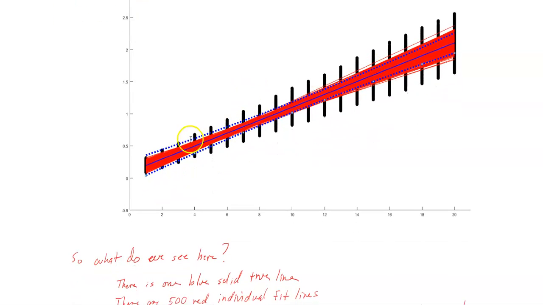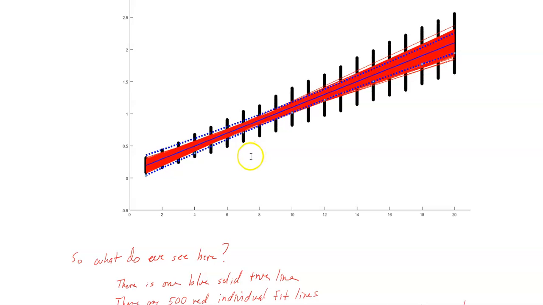Now, here's my 500 red lines. You can see when I plot all of them together, they sort of make this band, which is cool. And that band is roughly in line with the confidence intervals that we would expect from 20 or so calibration points if we center that band on our actual blue line fit.